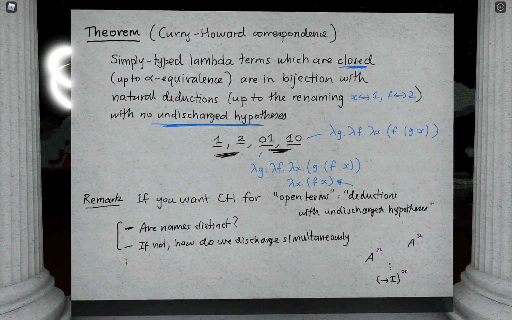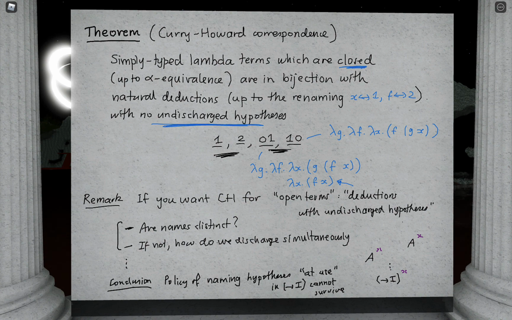Okay, so there are other things of a similar nature that you might ask about. But the conclusion is that this policy of naming hypotheses at use, that is, at the time of the implication rule, cannot survive, in the sense that you can't continue to do that and extend the Curry-Howard correspondence to open terms, which you don't have to do.